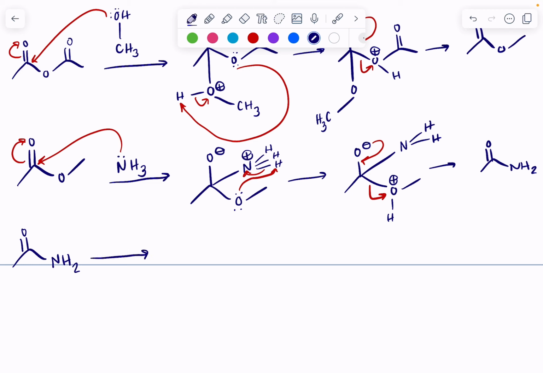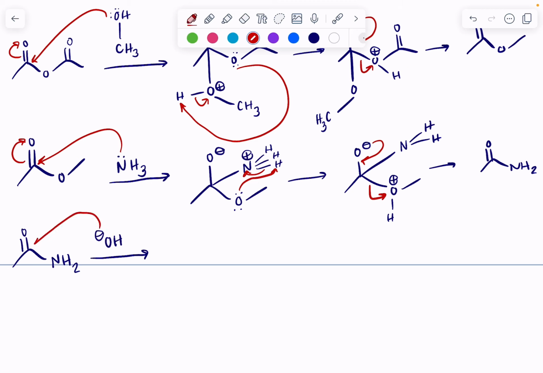We can. We just need to add some water, either H3O plus or OH minus, just depending on what your conditions are. These will obviously both be in water. And let's just use OH minus because it's less steps, right?